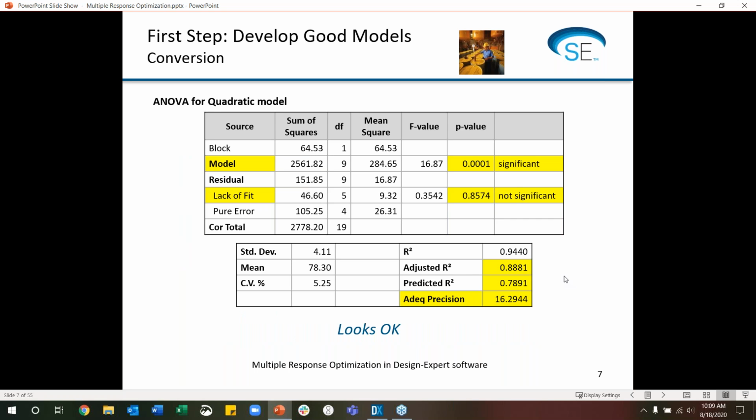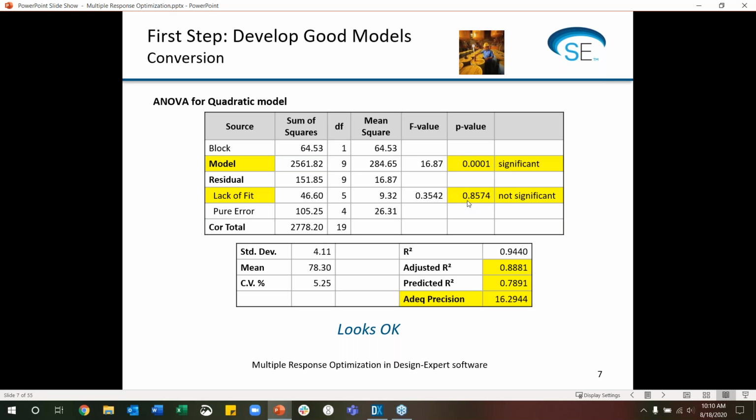So the analysis of this data set, like I said, you can get this data set out of the help system. But the quadratic model for the conversion response ends up with 9 terms in the model, has a p-value of 0.0001. So that's very significant. That's great.